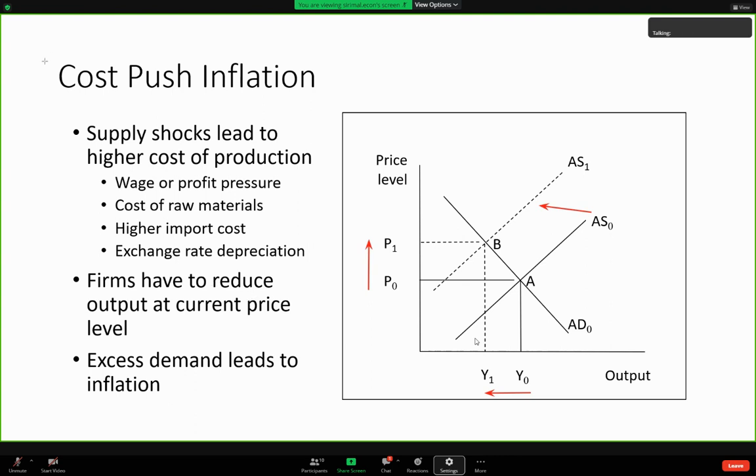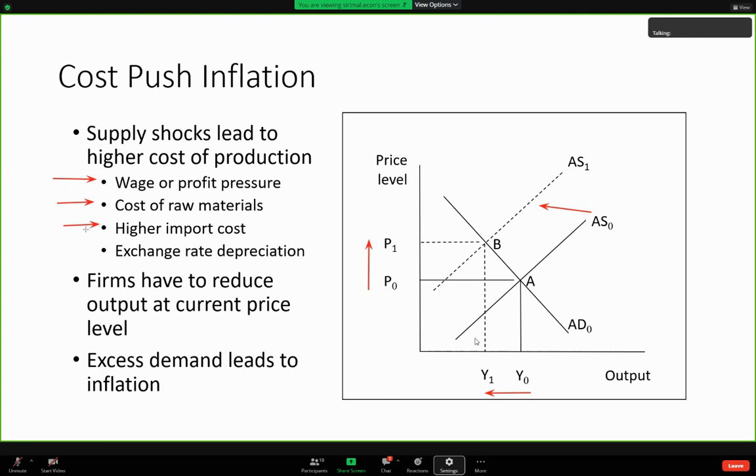Some examples are given here. Wage pressure: trade unions asking for more wages, public sector employees asking for more wages. Cost of raw material goes up. Electricity cost, water cost goes up. Transport cost goes up. Higher import costs, world market prices go up.